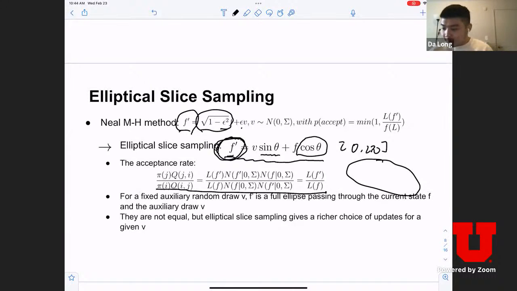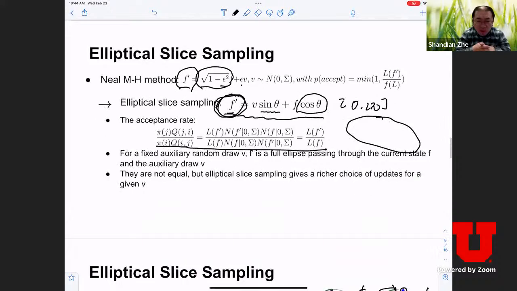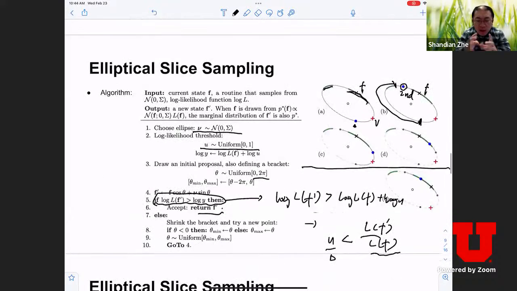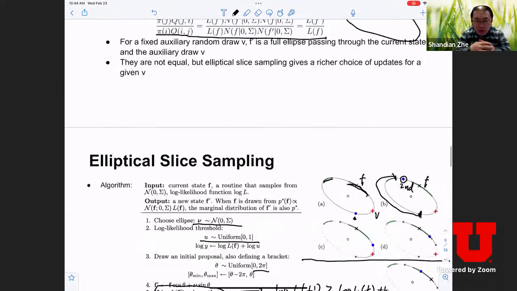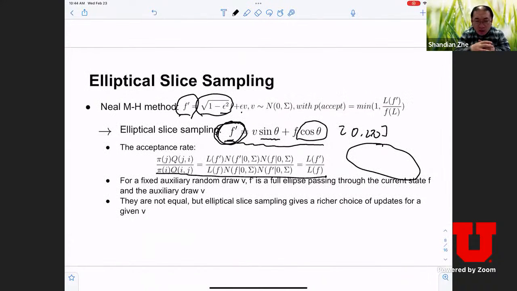Then you get an acceptance rate, but this acceptance rate is just to accept the new sample of f prime. Given f prime, you sample theta again. So this is like an alternating Gibbs sampling procedure: given theta, you sample f prime, and given f prime, you sample theta.